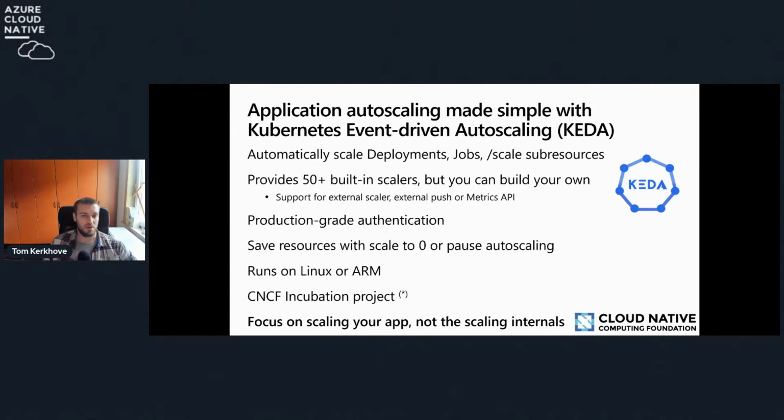But also from other things, such as Azure Key Vault, HashiCorp, or basically use a no-secret approach. It runs on Linux and ARM, which is another major change that we recently did, and it is a CNCF incubation project. Our focus is really to make sure that you can focus on scaling your application and not managing all of that infrastructure.